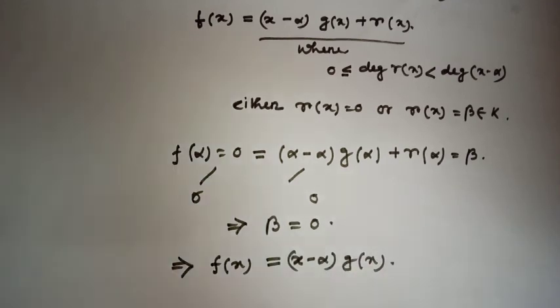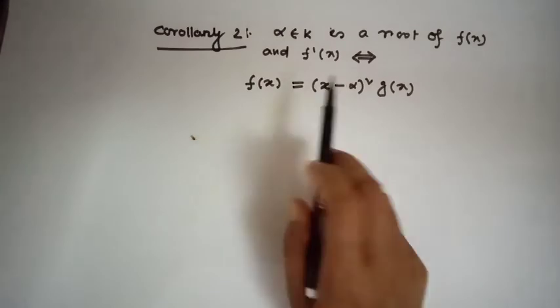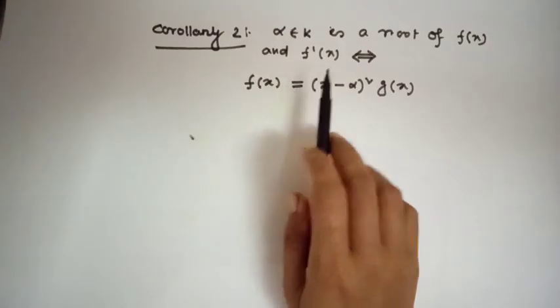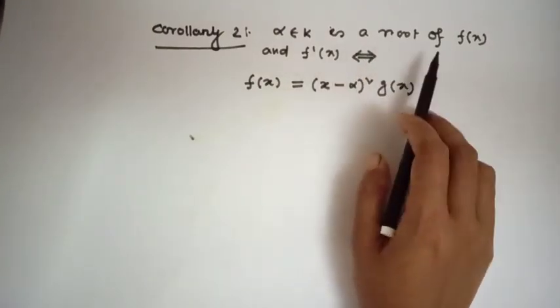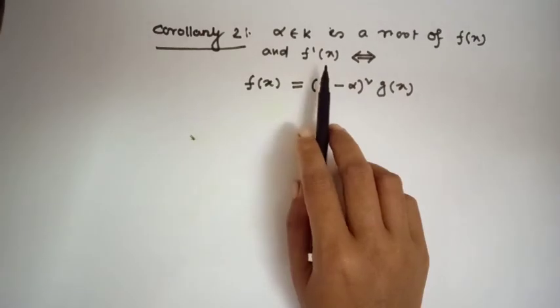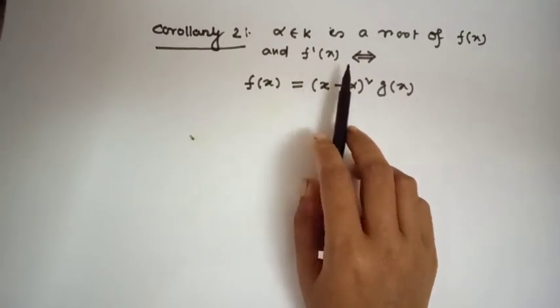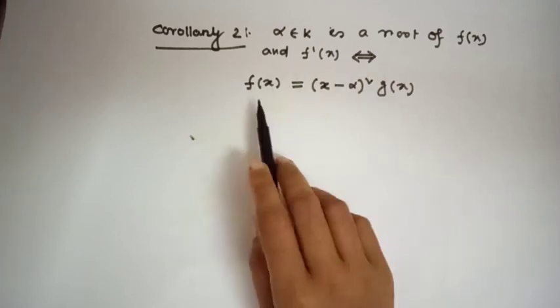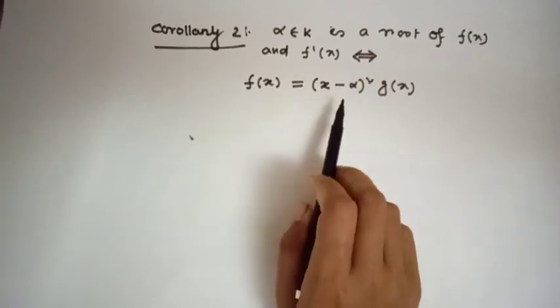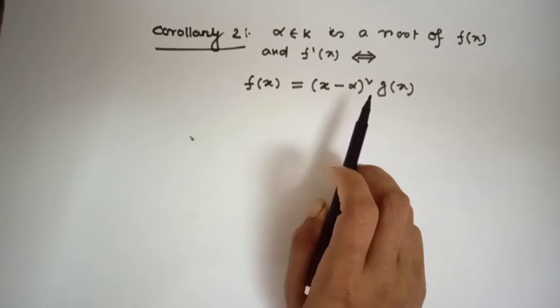Okay, right. The second corollary is: let alpha be a root of f(x) and f prime(x). What is f prime(x)? f prime(x) is the derivative. Alpha is a root of both if and only if f(x) equals (x minus alpha) squared times g(x).